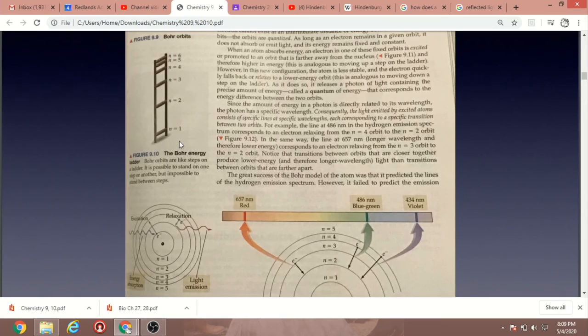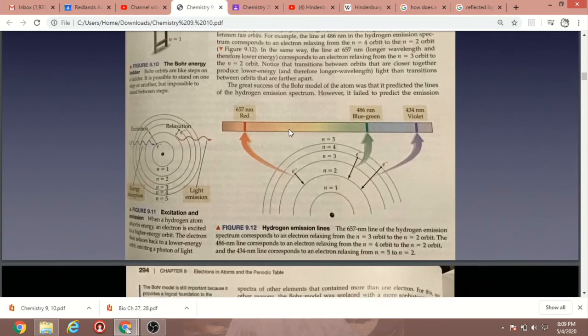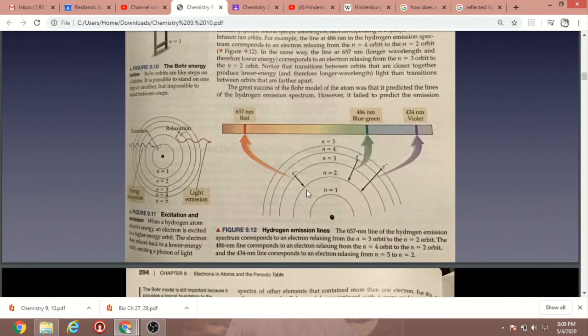And what's happening here is that as an electron is energized, it jumps to a higher orbit. So the way these orbits work is N1, the first orbit, has the least amount of energy required to be inside of it.